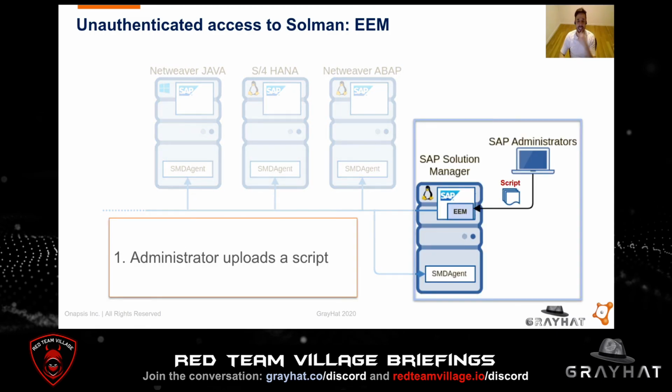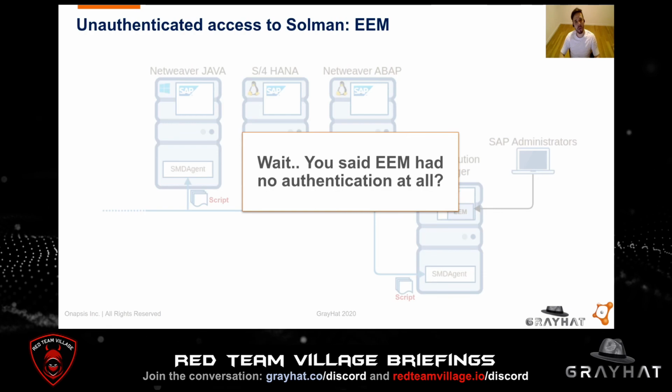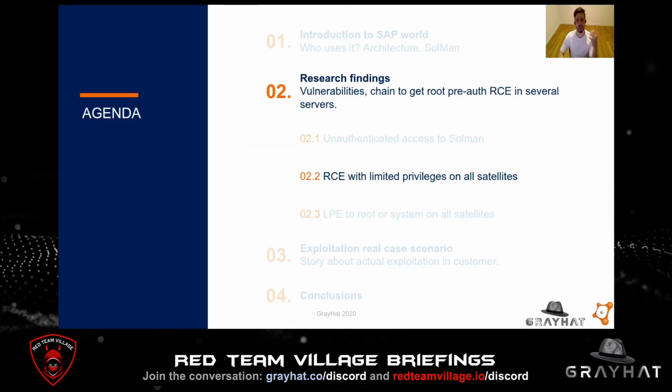This is a more graphical way: the first step is an SAP administrator creating a script and uploading it to the solution manager, and the second step is when it gets deployed. But if you recall what Yvan was telling you, this EM application was exposed without authentication. So our first question was, okay, this means that maybe an attacker will be able to do the same thing as the SAP administrators. To answer that question, we needed to do a more in-depth analysis of the application.